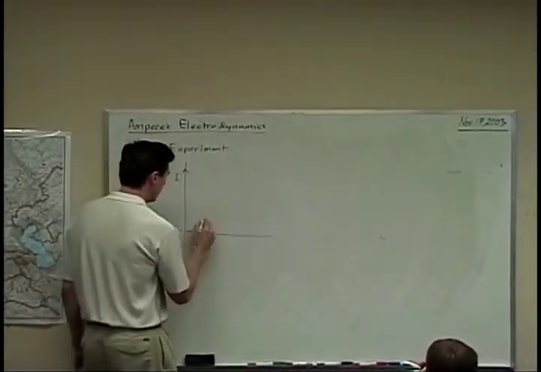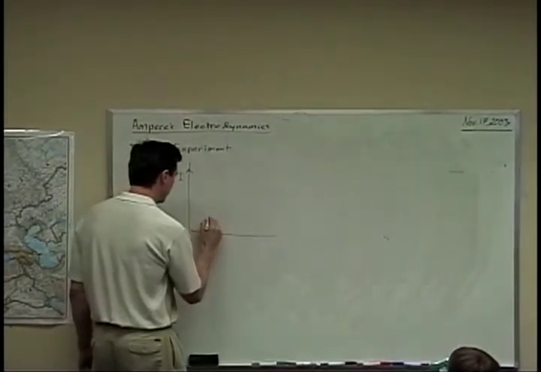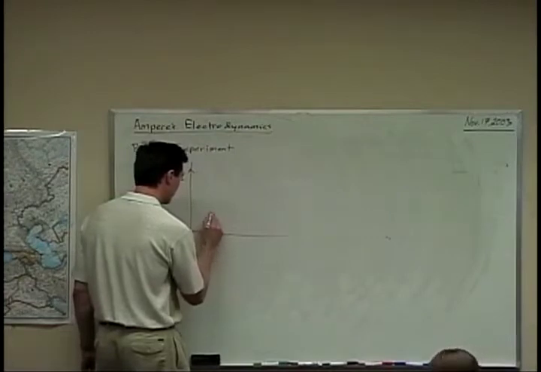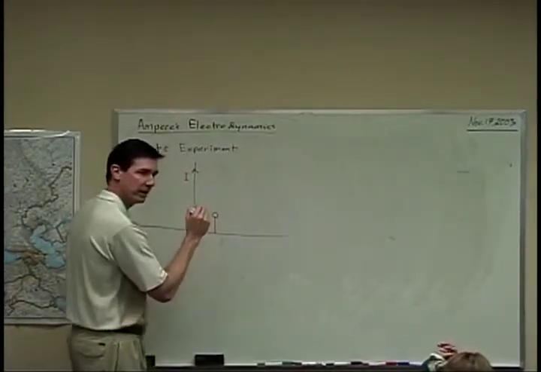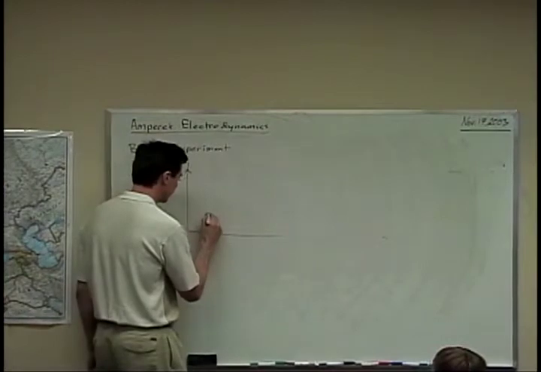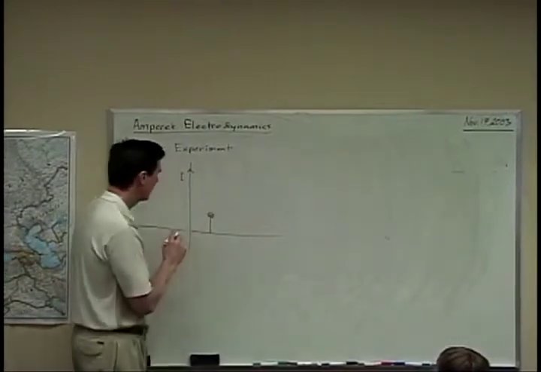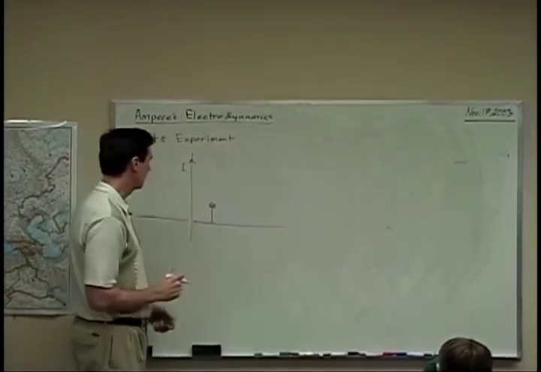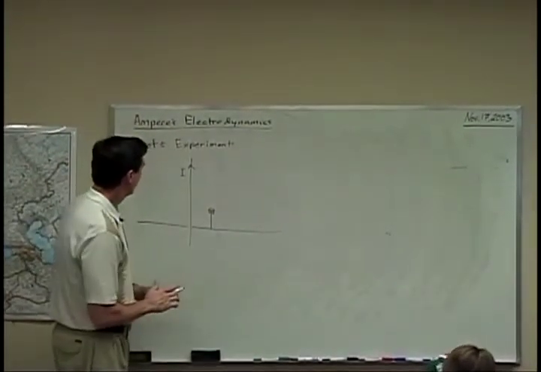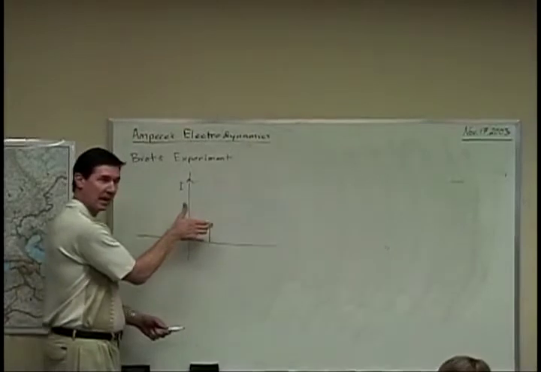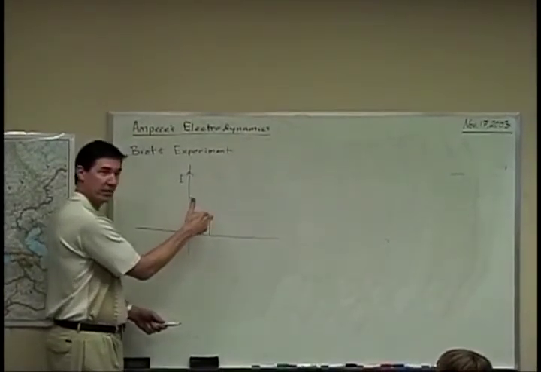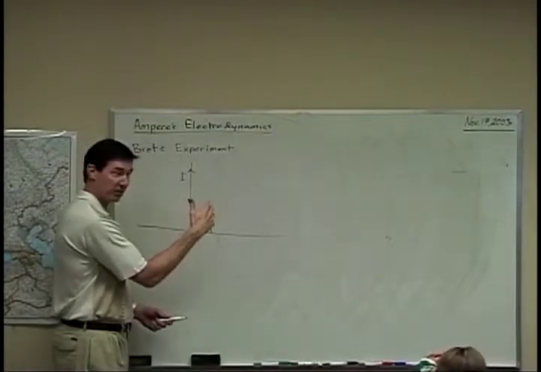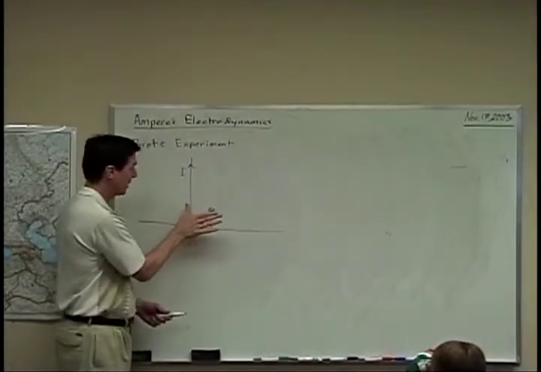And then if he puts a magnetized needle oriented into the board, so that means its north pole is in and south pole is out, it will line up that way, just because there's a magnetic force on it from the current in this wire.